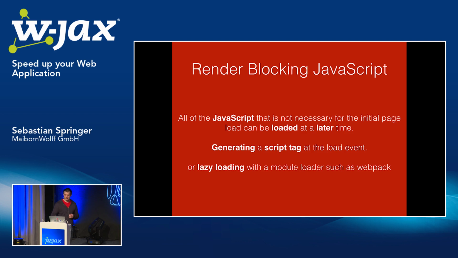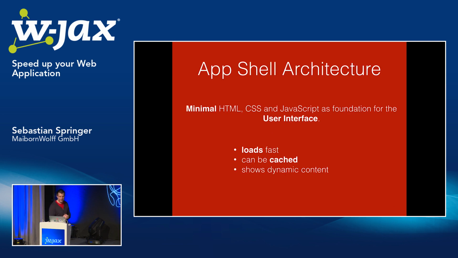And there exists an architecture to overcome this problem, which is known as the app shell architecture, which is a minimal version of your application: minimal HTML, minimal CSS, and minimum JavaScript. And all the rest of your application is loaded afterwards, asynchronously.